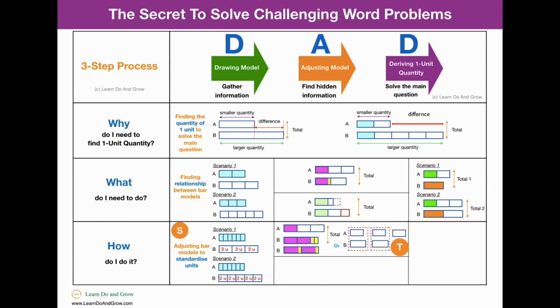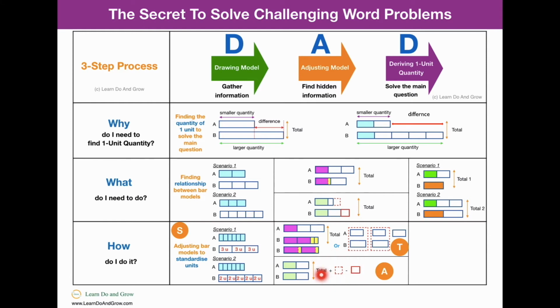The third type, this one, if you notice, you have one extra here and lack of something to make it into 2 units. In that case, I take the total to add this over here. I add it up, then I become 2 units. While for B over here, I have extra, right? So I take it out. The moment I take it out, I minus it from the total.